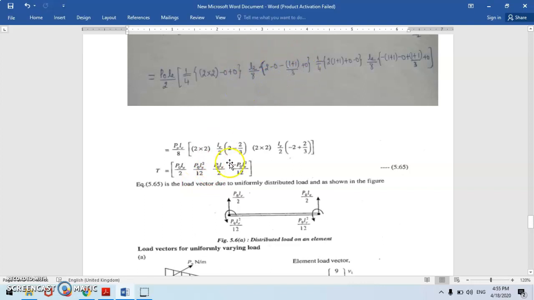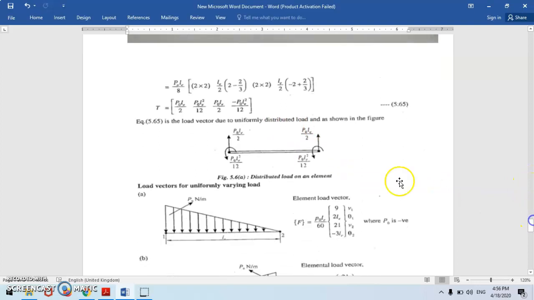If you simplify this, you will be getting this. Again simplify this, you will be getting P naught, 4 cancels. So what is left out is P naught Le by 2. Similarly here Le into Le becomes Le square, minus P naught Le square by 12. If you simplify, again it will be 12. So this is the final load vector equation when there is a uniformly distributed load.